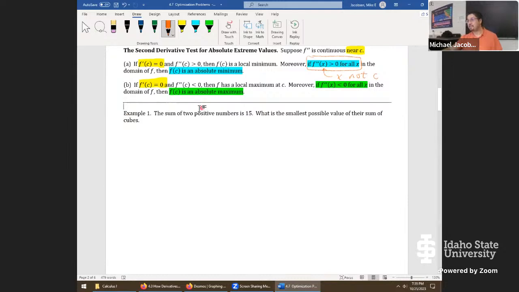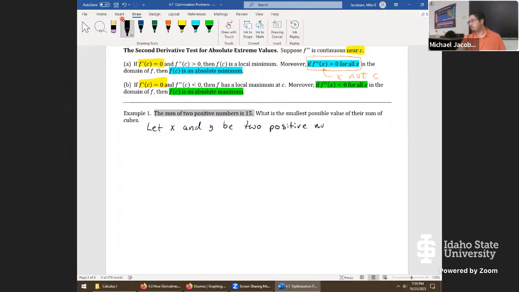Let's begin with the statement here. The sum of two positive numbers is 15. Immediately, this is what I would write for that information. We need two variables because two objects are being mentioned. Let's let x and y be two positive numbers.